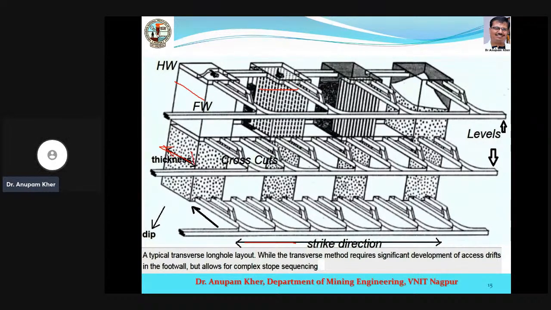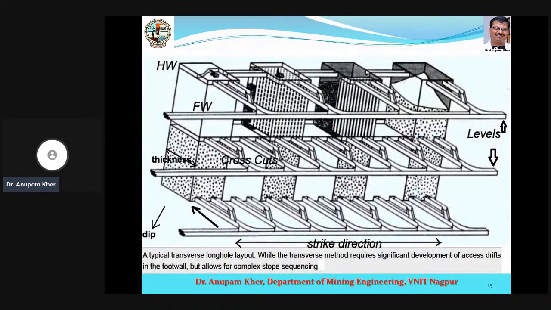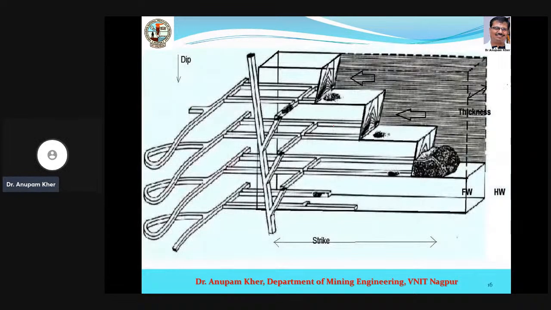So if I am working along the thickness, that I start mining from this point and progress towards this point, then my mining is transverse. But if I am doing mining along this direction of the strike direction, then my mining would be longitudinal. So this is longitudinal, this is transverse, and this is longitudinal mining.